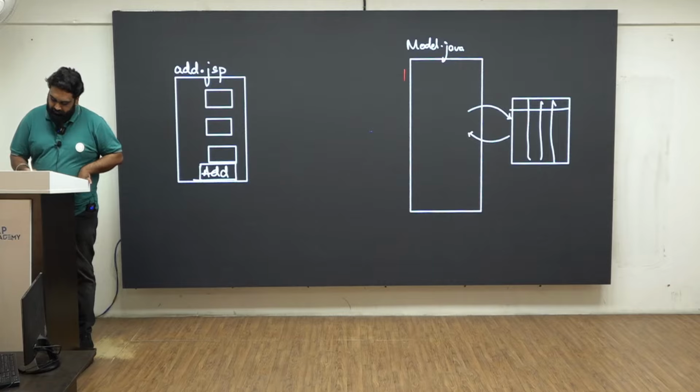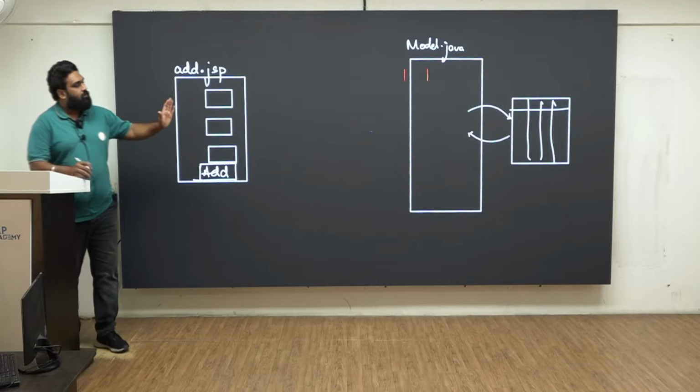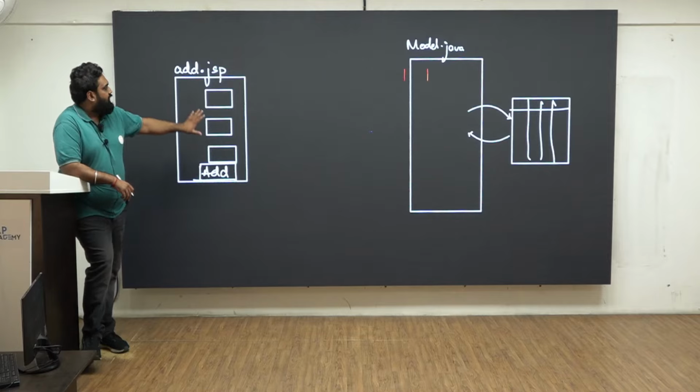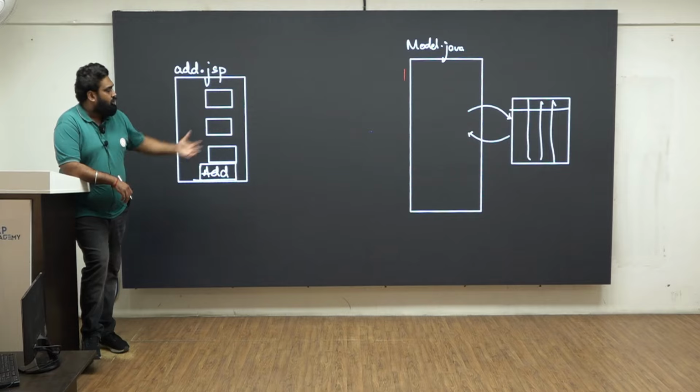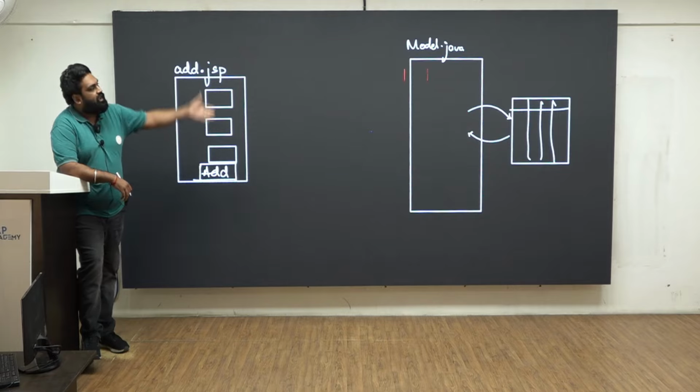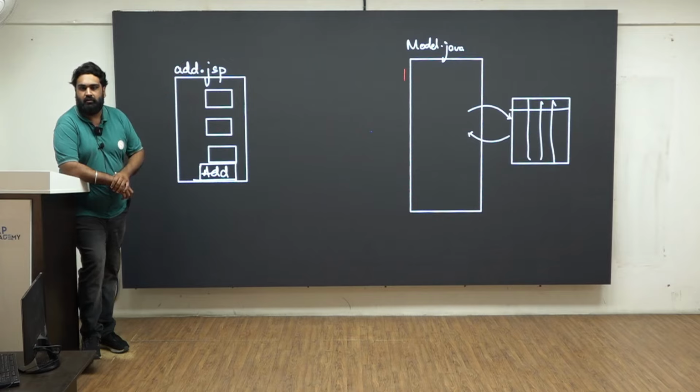Right. Now, tell me, I have a model interacting with the database. I have an add.jsp which is interacting with the browser. Now, don't you feel whatever data is there in add.jsp, I have to give it to model.java? Hello?